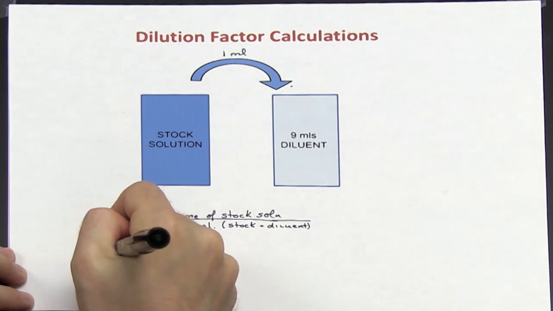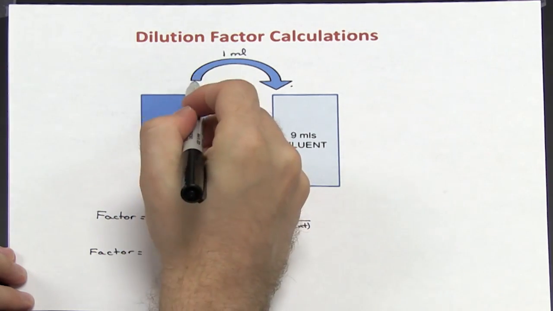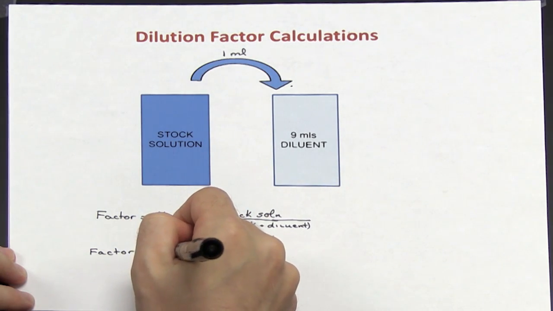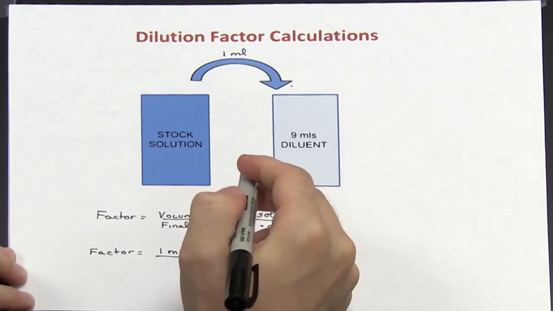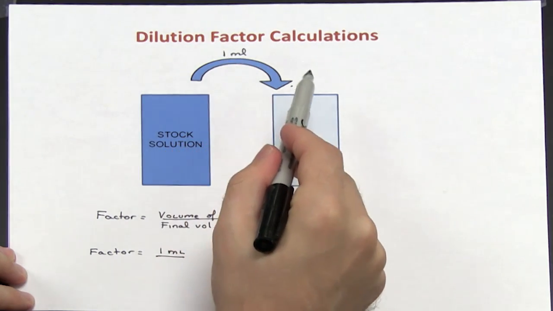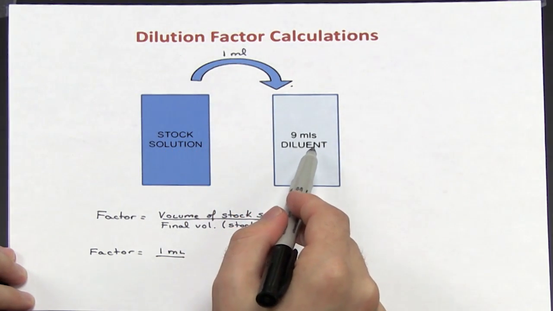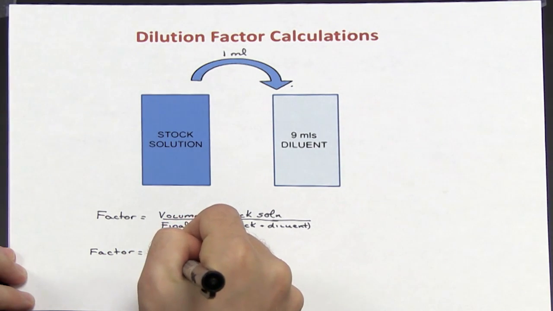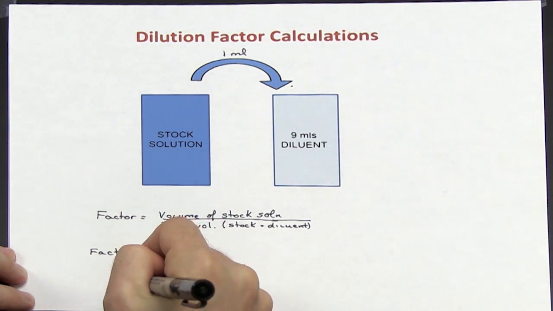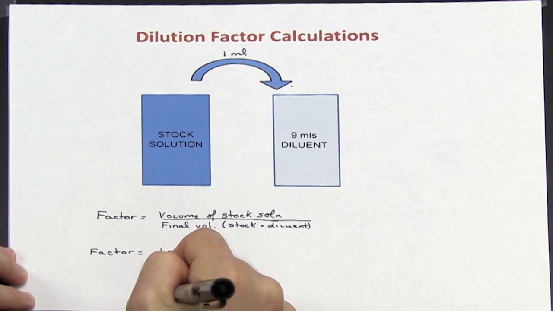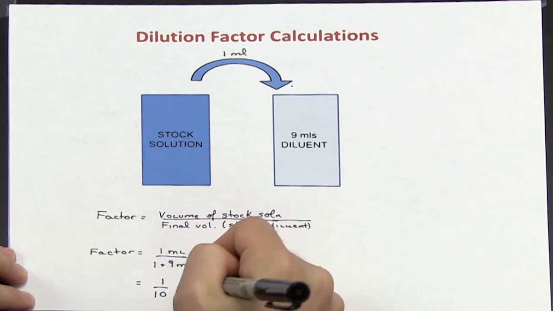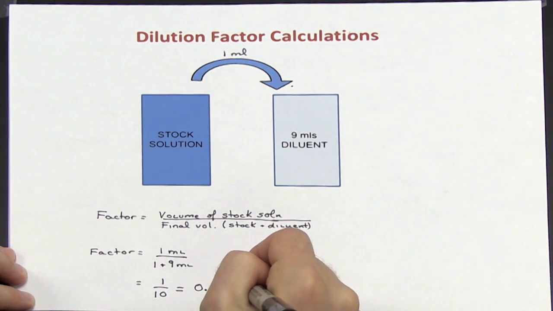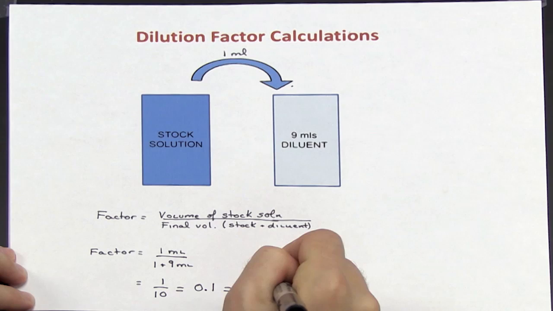So my dilution factor, I'm taking out 1 ml of the stock solution, so in the numerator I will write down 1 ml, and divide it by, 1 ml is going into 9 ml of diluent, so in the denominator that's going to be 1 plus 9 mLs, which gives me 1 over 10, which is the same thing as 0.1, which is the same thing as 1 times 10 to the minus 1.